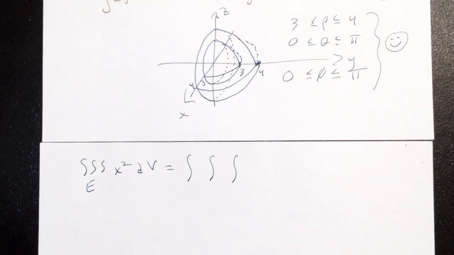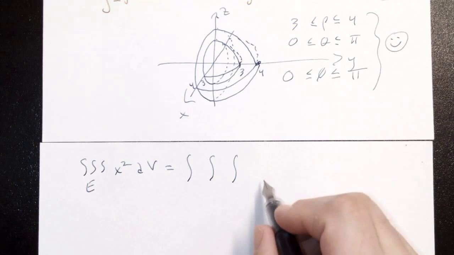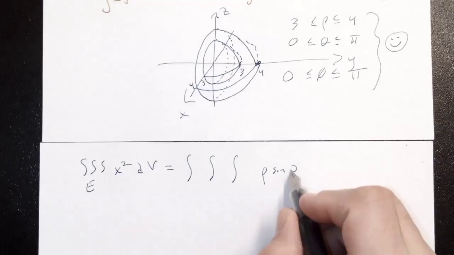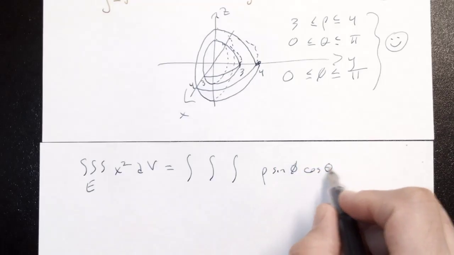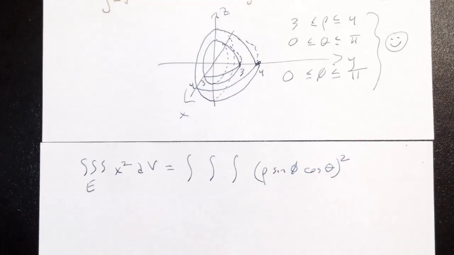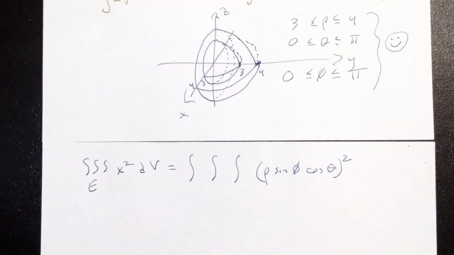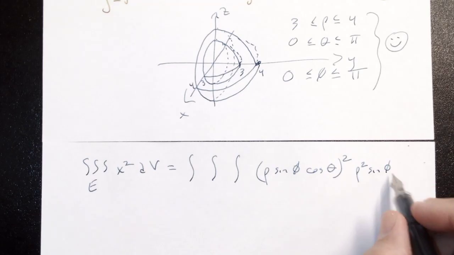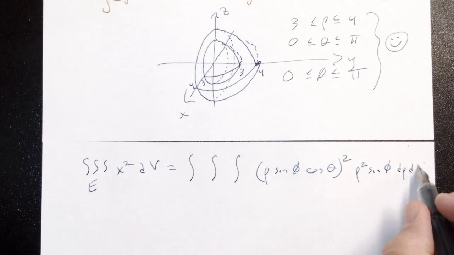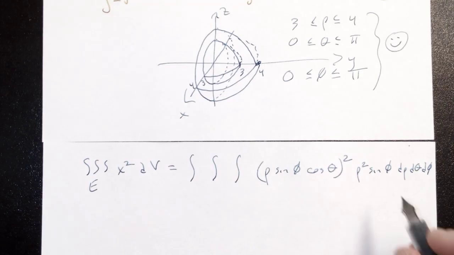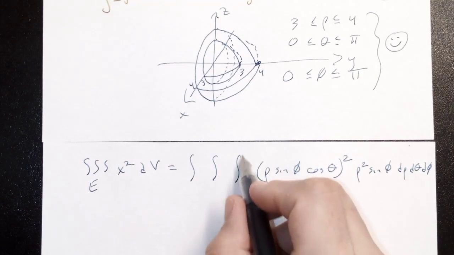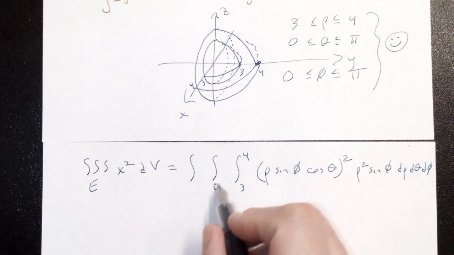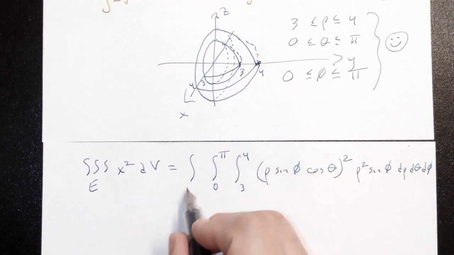What's x? x is rho sine phi cosine theta. That gets squared. dV is rho squared sine phi d rho d theta d phi. Hey, now I know what order to put these in. Rho goes on the inside, theta goes next, phi goes on the outside.